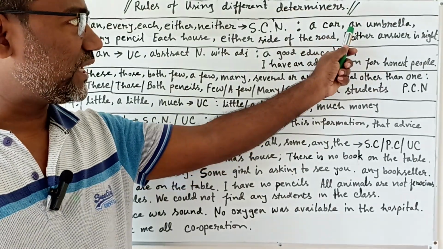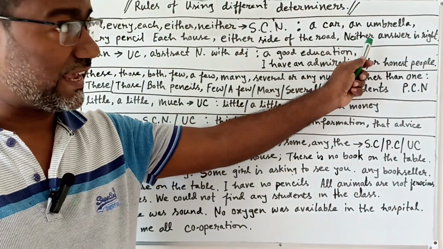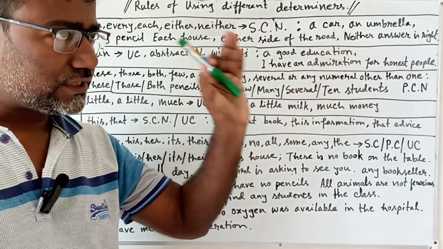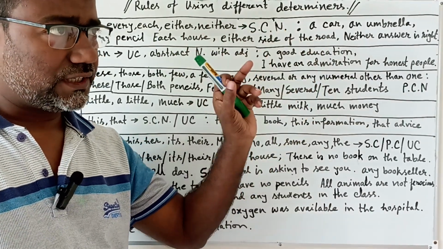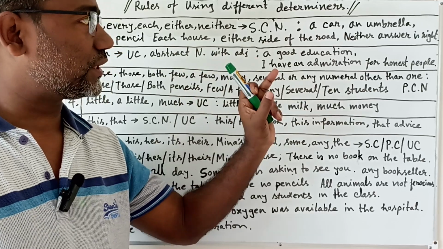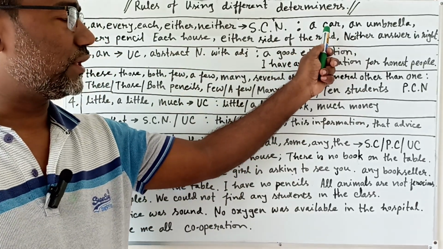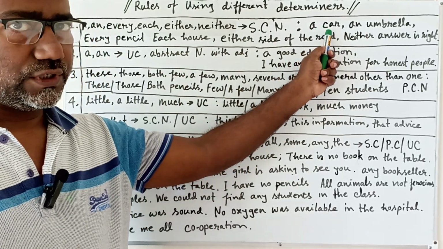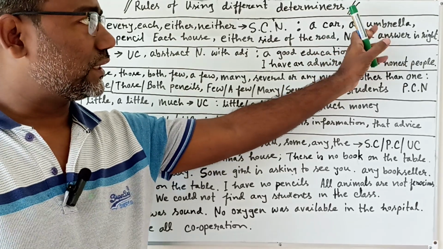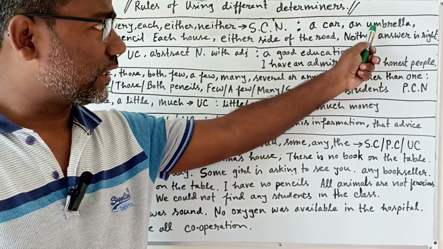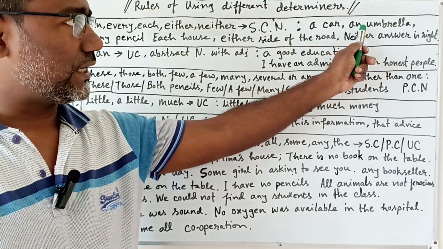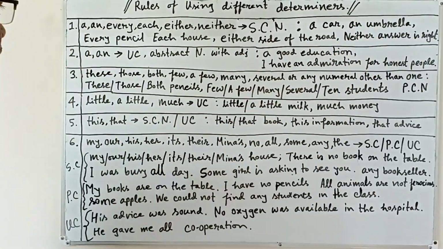This is the rule of a and an. When the noun starts with consonant sound, you have to use a before the noun. When the noun starts with vowel sound, you have to use an before the noun.